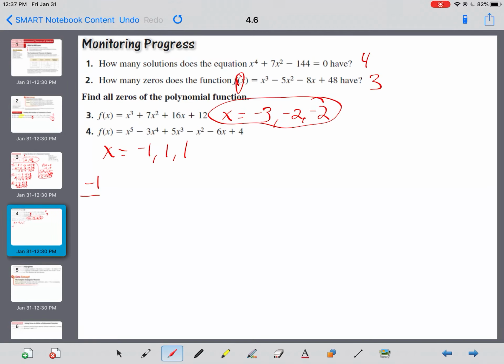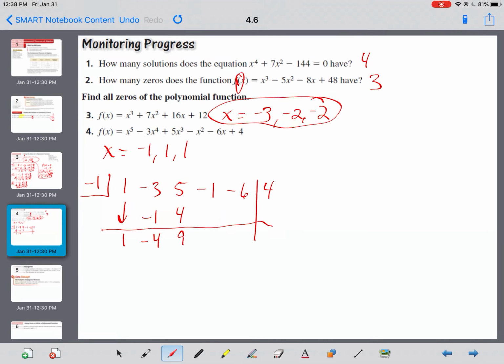I'll do negative 1 first. 1x to the 5th, negative 3x to the 4th, 5x to the 3rd, negative 1x squared, negative 6x, and 4 is my constant. Negative 1 makes negative 4. Negative 4 makes 9. Negative 9 makes negative 10.